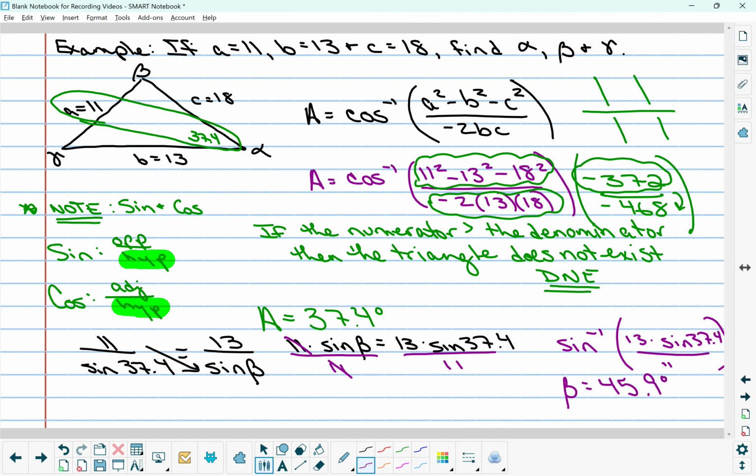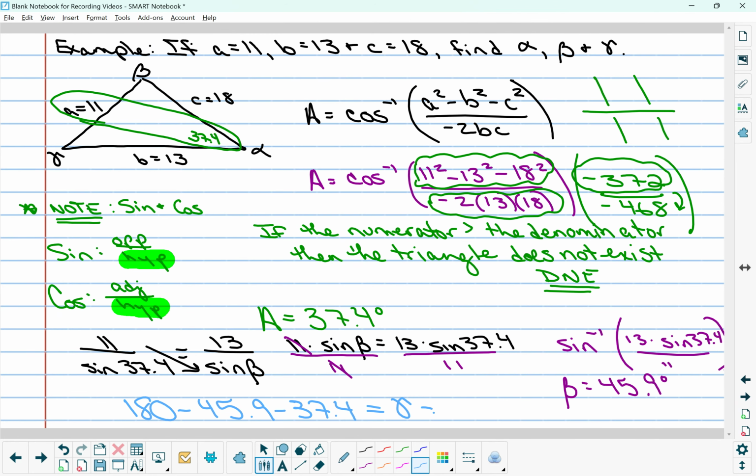Okay. And then, the last step, I'm going to go 180 minus 45.9 minus 37.4. And that's going to give me my gamma, which is equal to, I don't know that I finished that on my paper. That's funny.